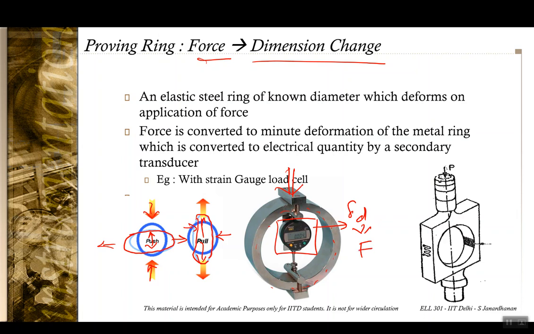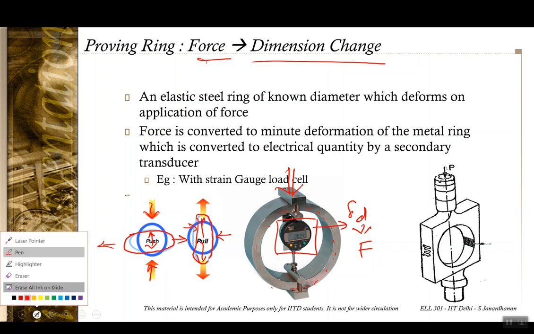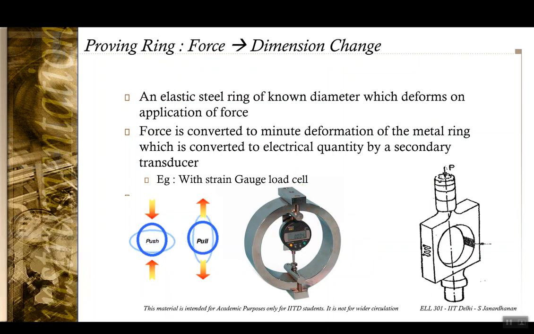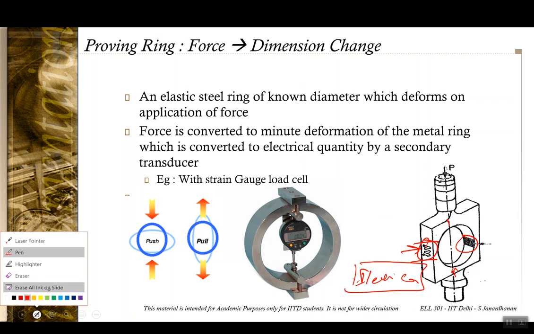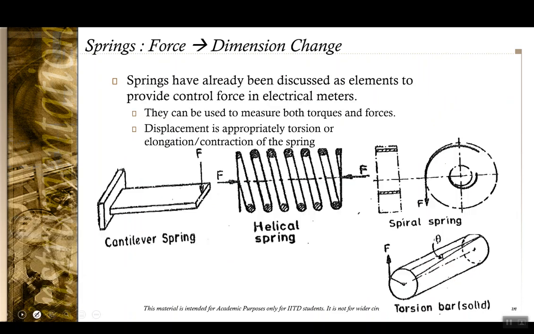Or, as I mentioned earlier, you can also use a secondary transducer like a strain gauge, which can be bonded onto this probing ring, and this dimension change of the probing ring is translated to a change in resistance of the strain gauge, and this change in resistance is picked up by another electrical circuit. So that is as far as the probing ring concept goes.